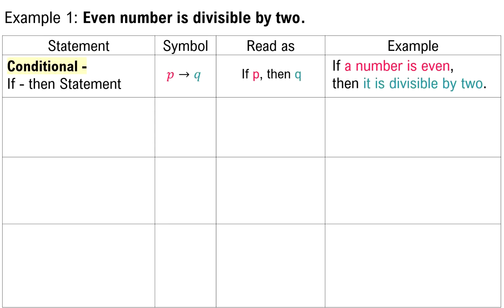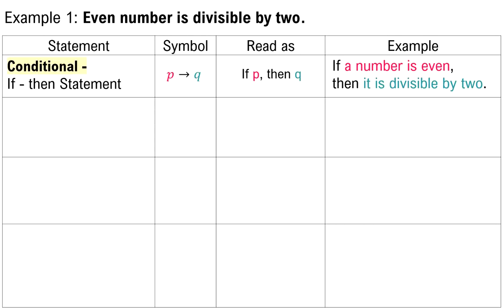Take note, the hypothesis is the clause after the word if and ended by a comma. So in our example, the hypothesis is a number is even. The conclusion is the clause after the word then and ended by a period. So here, our conclusion is it is divisible by 2.